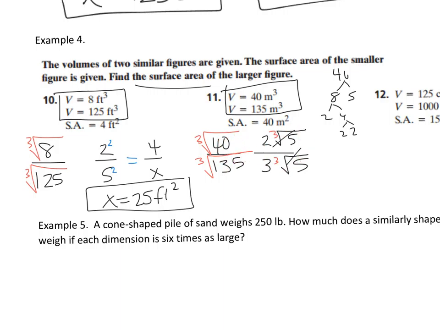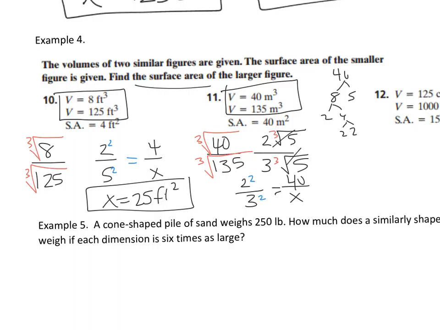So my similarity ratio is 2 to 3, and I'm comparing the areas, so we need to square these. So it's 2 squared to 3 squared equals, I want to know the larger figure, so it's going to be x, and I know the smaller one is 40.